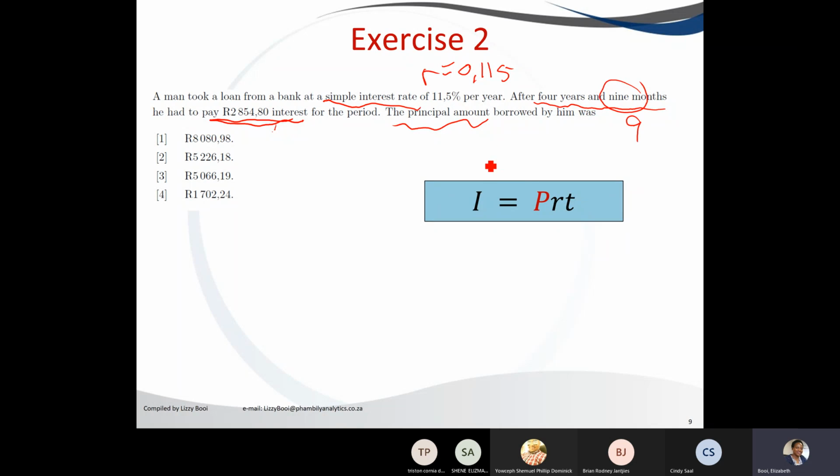I say 9 divided by 12 and add that to the 4 years so that you can get your T, and you are given your interest, which is your I. When you have your period, your rate, and your interest, you can substitute into the formula, calculate your P, and make P the subject of the formula.